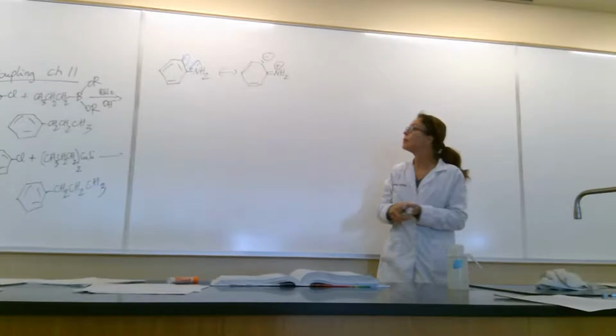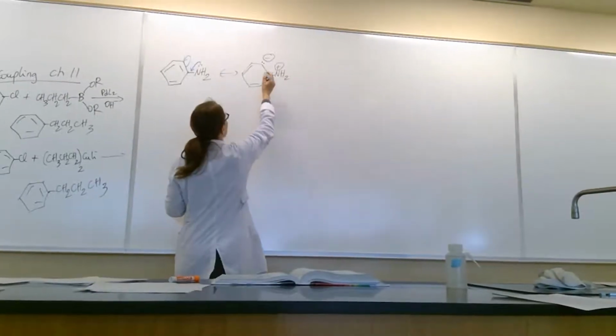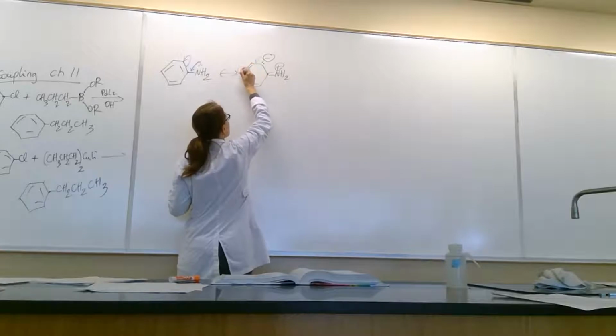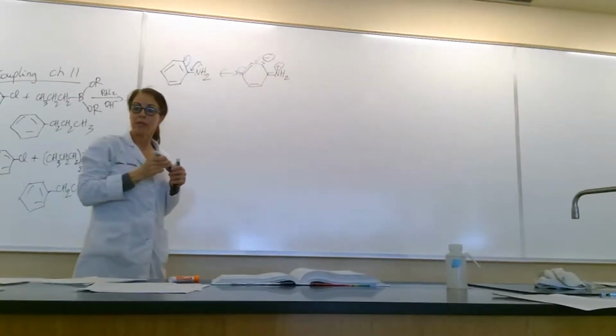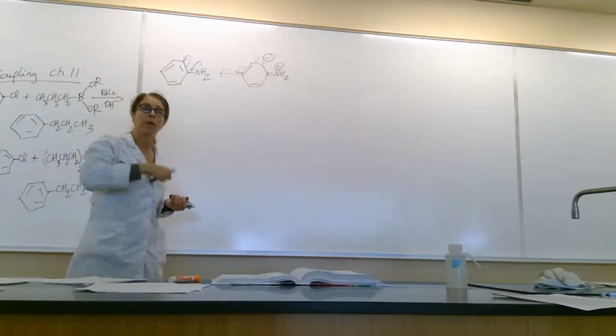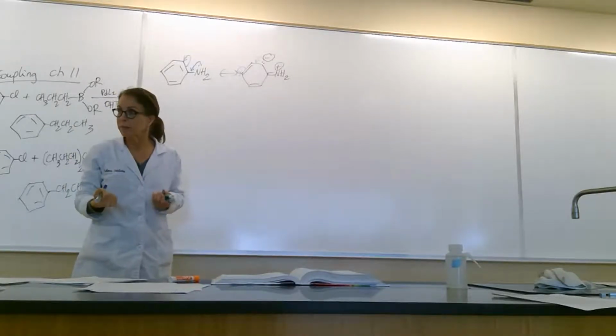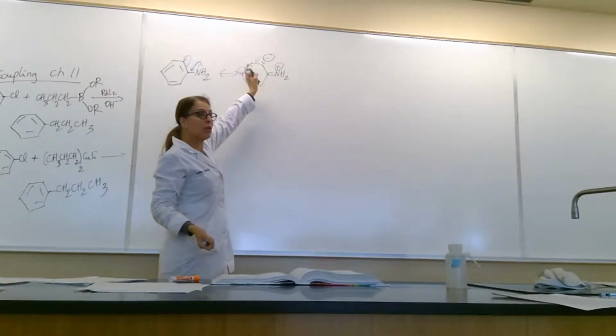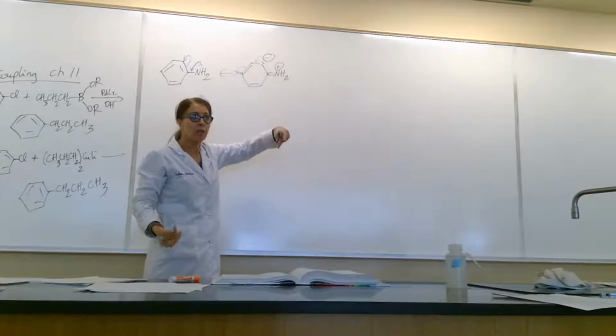What's the next step? This makes a pi bond, this moves here. And notice, guys, you either move electrons to make another bond or to make a lone pair. If I'm moving a lone pair to make a bond, I have to put it between the two atoms. And you might say this is obvious.